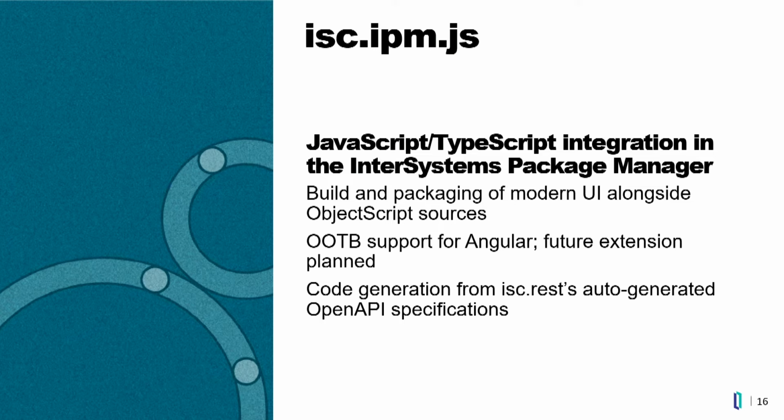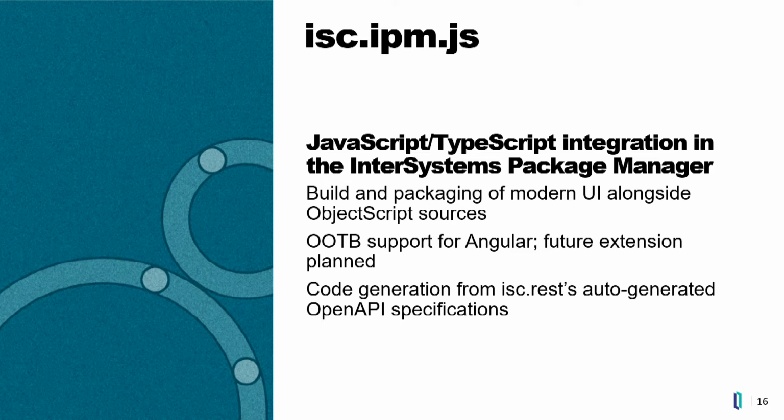So what this package, isc-ipm-js, does is integrates JavaScript and TypeScript build processes into the InterSystems Package Manager, which means that when you install some package, that'll also, under the hood, if you're in a development mode, run an npm ci and build whatever UI you're working with. ng build for Angular, I'm sure there's an equivalent for other things.